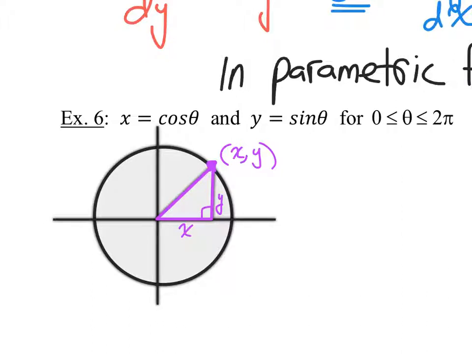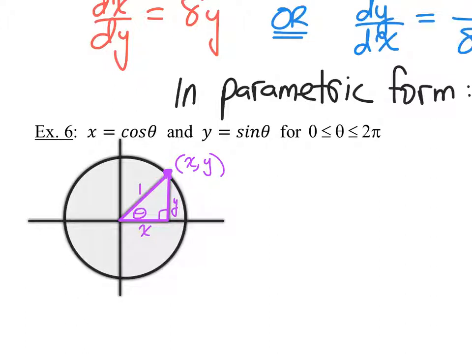Now, we do have some angle here called theta. This is a 1 unit circle, which means that no matter where you are on the circumference of the circle, the radius is always going to be equal to 1. So one relationship that comes from this is that x squared plus y squared is equal to 1.